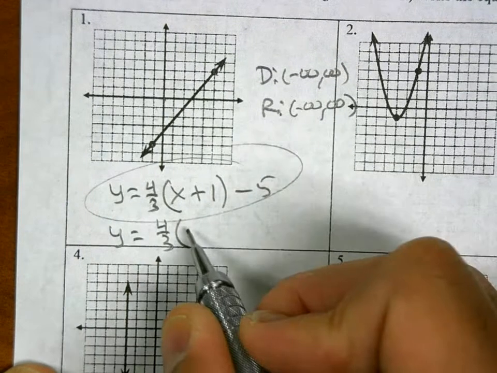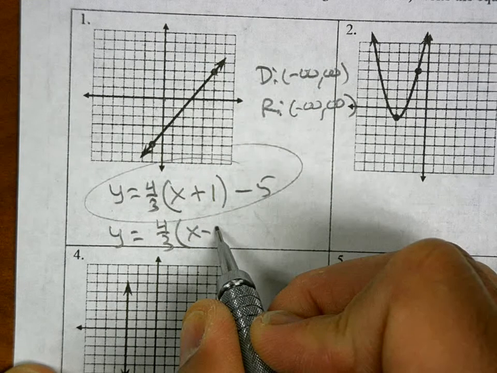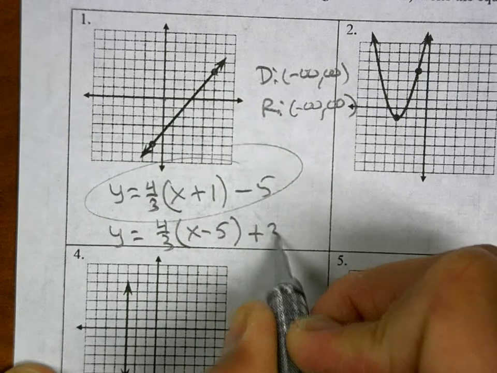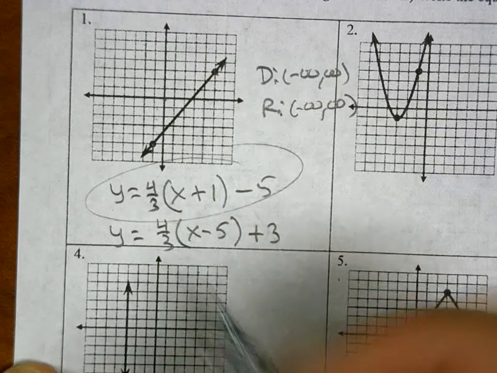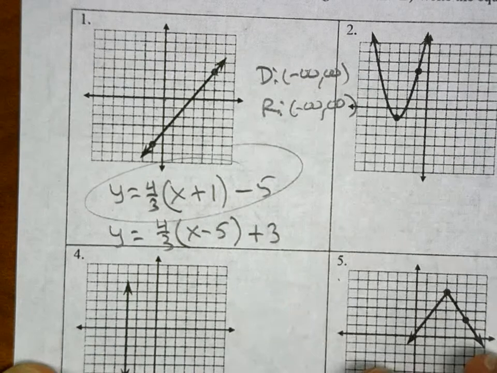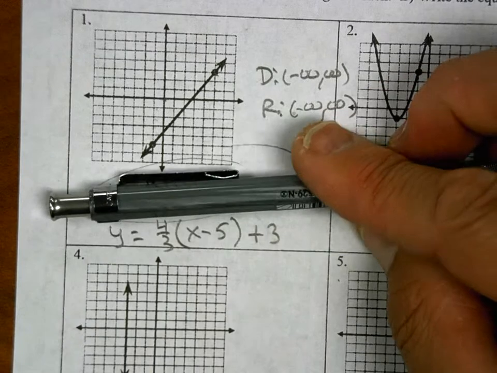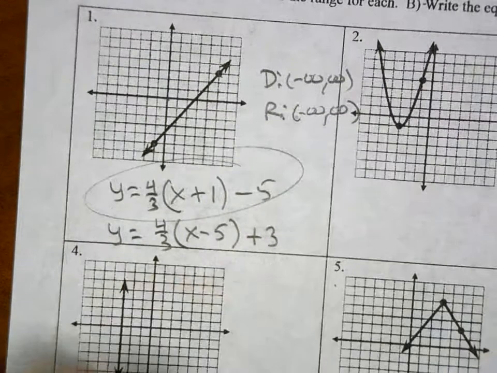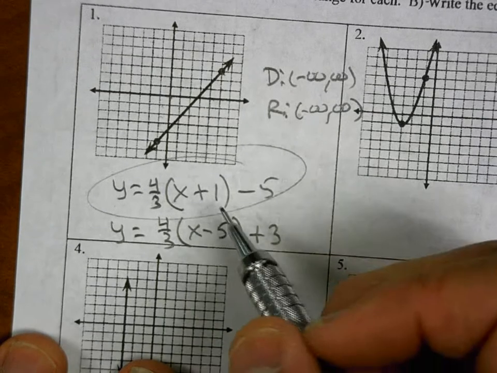So x minus 5 to the right, and then up 3. Either one of those is correct. Okay. If you distribute this, it ends up being the same exact equation. You can give me this as an answer on the test. Yeah, you could simplify it and give me that as well, as long as it's the same thing.